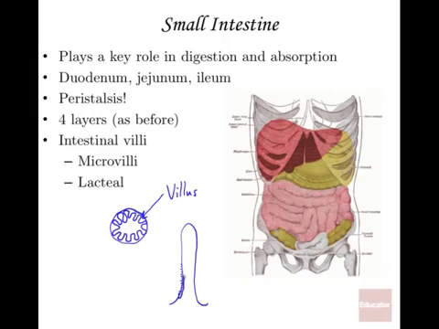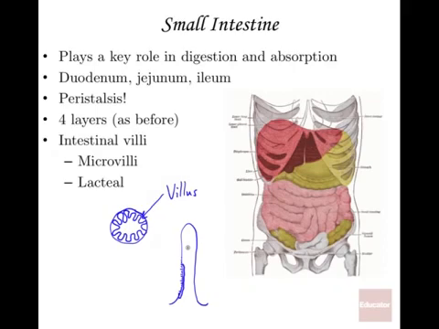So here's a layer of epithelium that goes all the way around the border, and this just further increases the surface area. I've heard that the surface area in all of your small intestine, if you were to, once again, like I mentioned with the lungs in the previous lesson, open up all of that surface area and lay it out flat like you were tiling a floor, it would be close to the square footage of a comfortable 4-bedroom home.